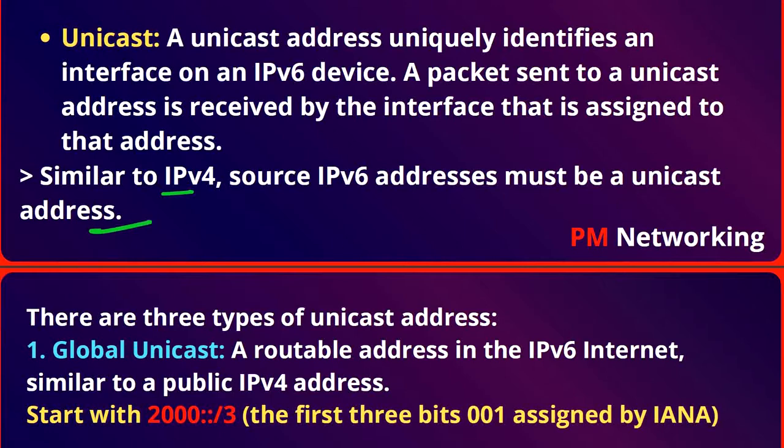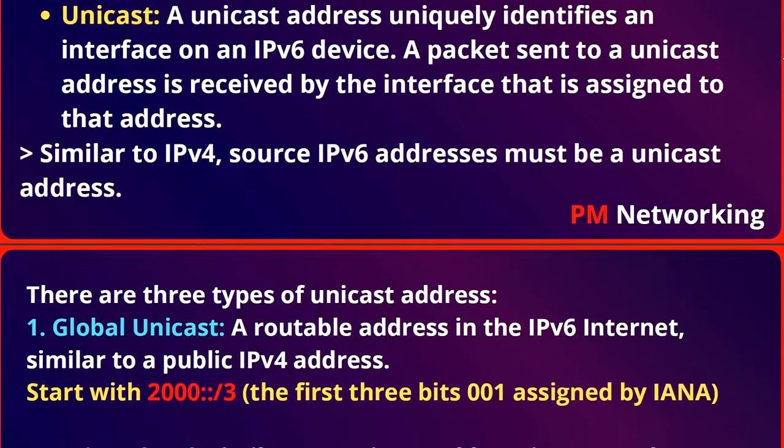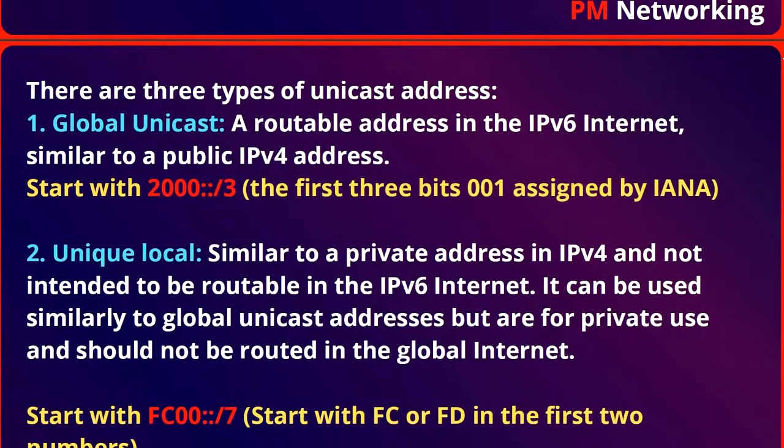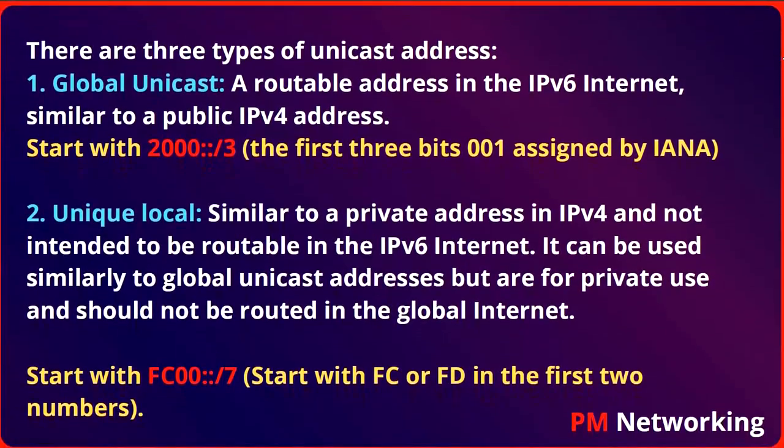Okay, now we have 3 types of unicast address. Like in IPv4 we have private IP and public IP, right? We have 3 types of unicast address: the first one is global unicast, the second one is unique local, and the third one is link local.